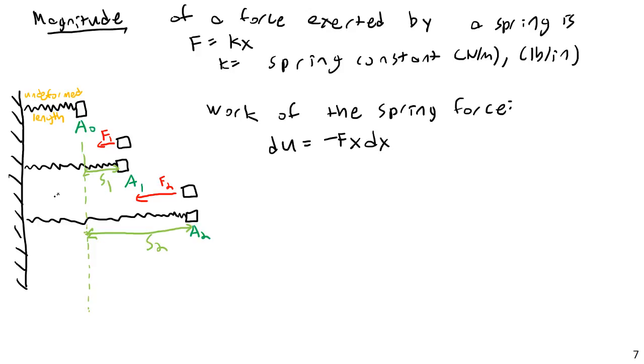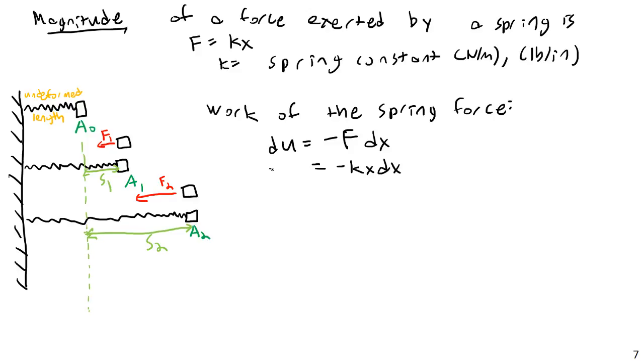As we move this thing to the right, the force is to the left, so we absolutely do need a negative there. Negative F dx, or simply negative kx dx.